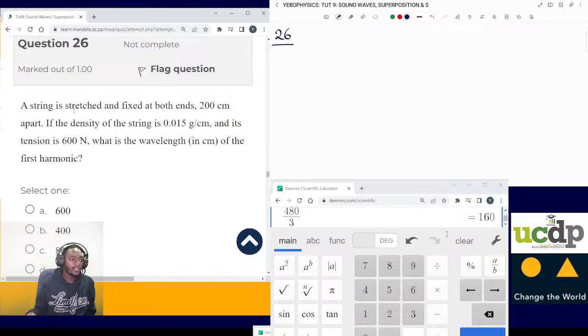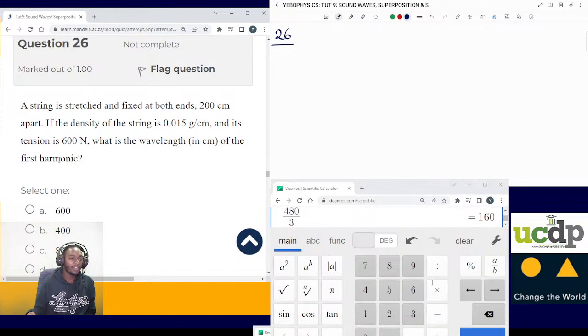A string is stretched and fixed at both ends, 200 centimeters apart. If the density of the string is 0.015 gram per cubic centimeter, and its tension is 600 newtons, what is the wavelength in centimeters of the first harmonic?